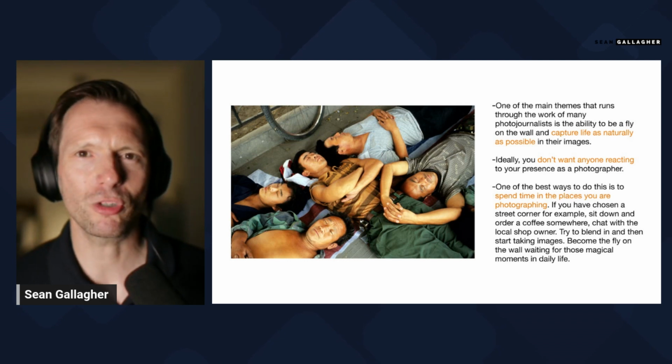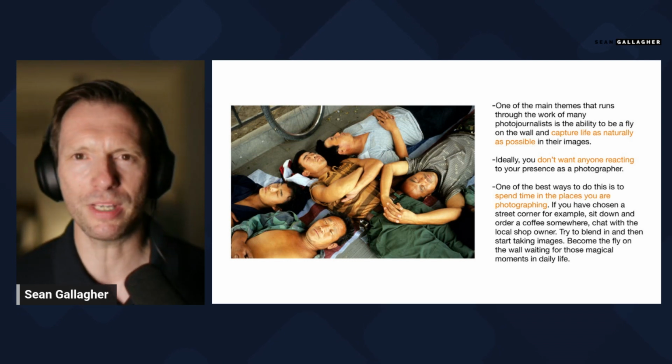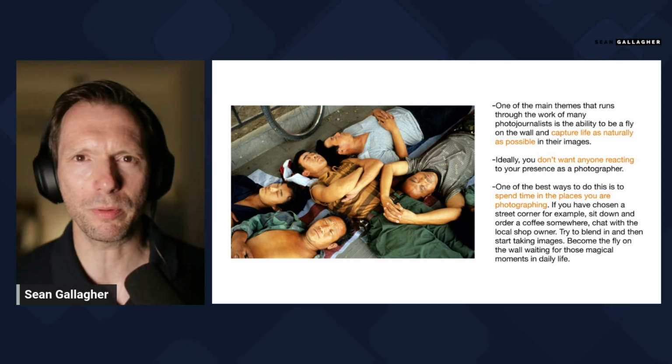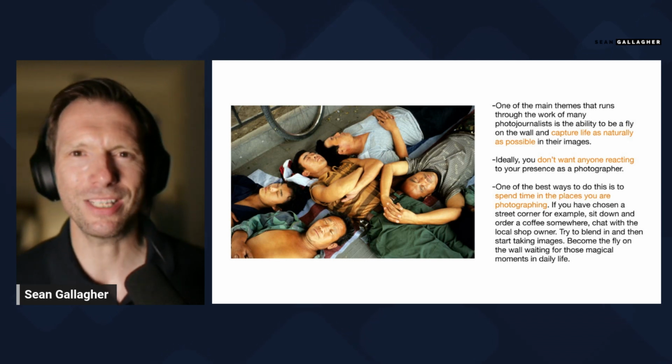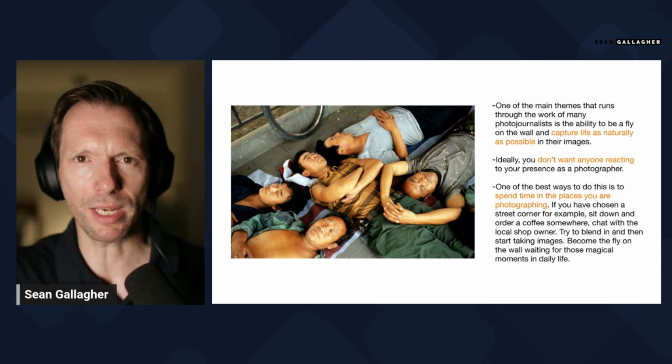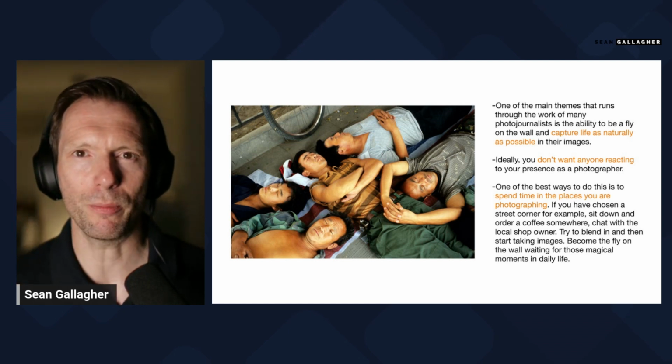Now, if you're out doing street photography, a lot of this idea can also transfer into general street photography. You may not be interacting with people very much, but you may be able to blend into the environment. So for example, you might find a really interesting street corner that you think will make a great photo. There might be great light, there might be really interesting composition, and you might find there's a cafe there on the street corner.